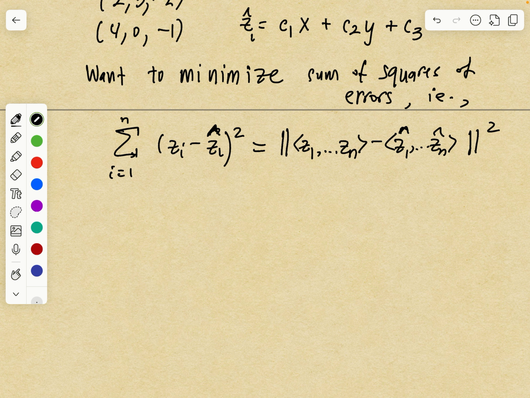And now we see what we should do. This time I will use the letter b for the vector b.